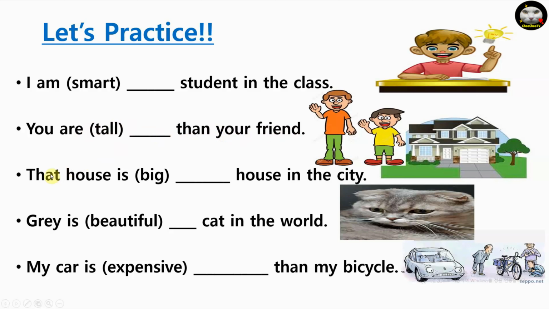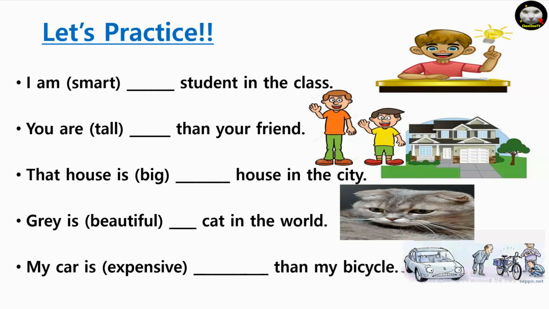Next example. That house, one house, is big house in the city. Well, we know there are many houses in a city. So this is one to many. And this makes it a superlative sentence. Now, we look at the adjective. How many syllables? Big is one syllable.